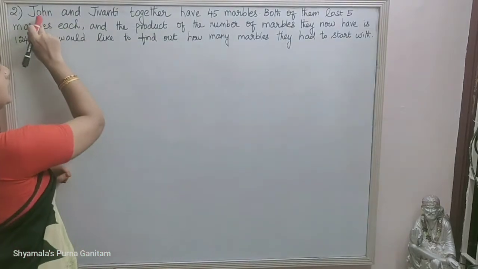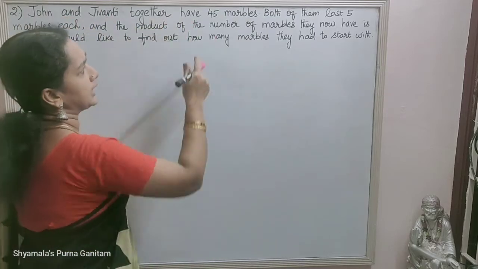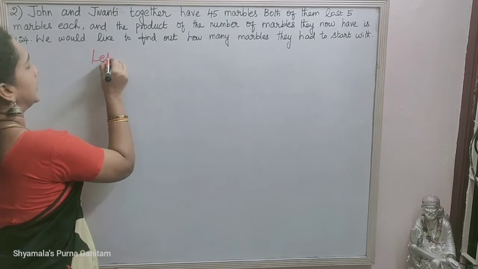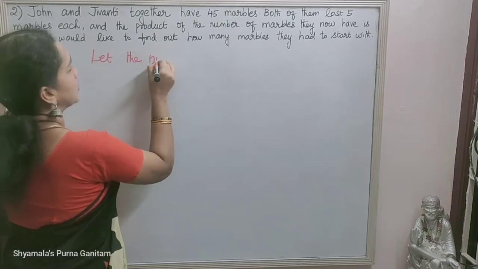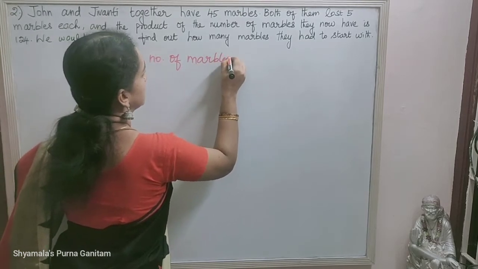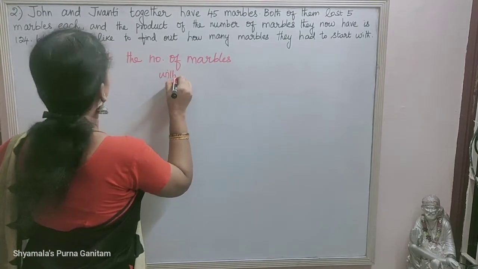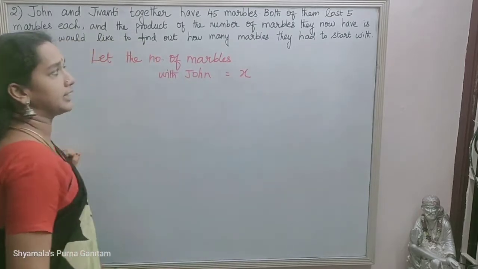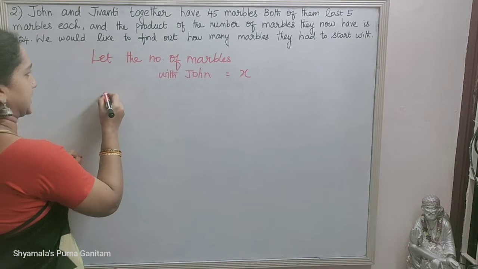Okay. So here John and Jeevanti together have 45 marbles. So first we will take, let the number of marbles with John be x.